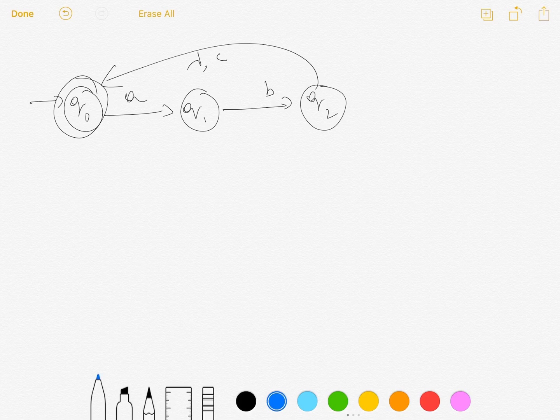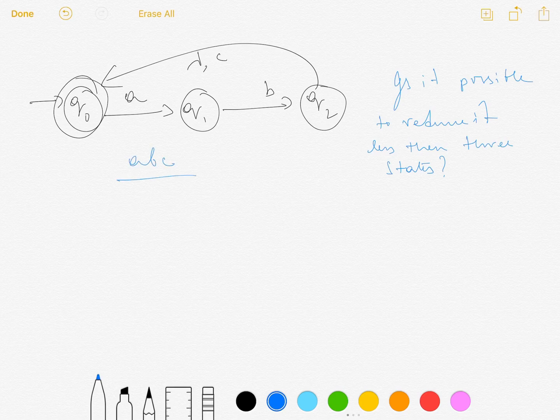Now the next question is, is it possible to reduce it to less than 3 states? Answer is no, because the minimum available string is ABC.